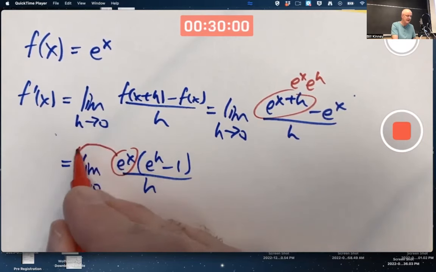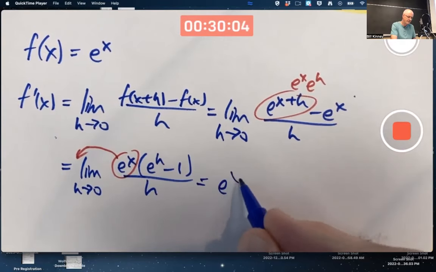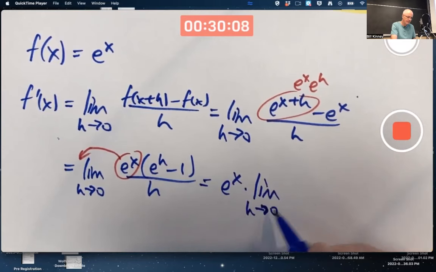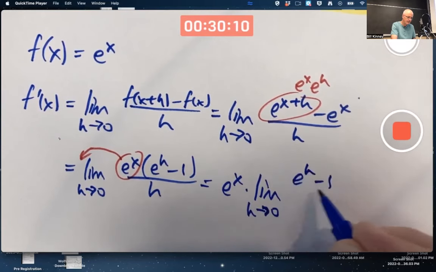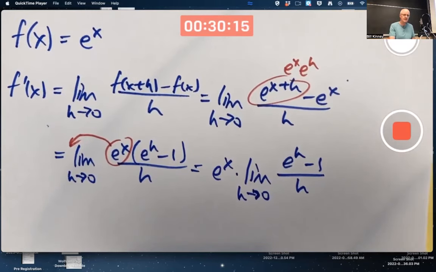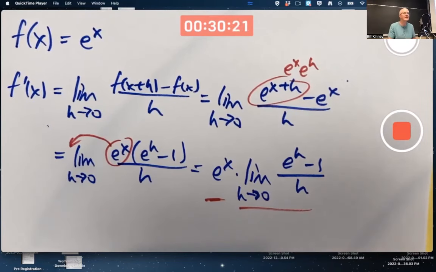By a property of limits, that can be brought out in front of the limit sign. So it looks like the answer for f prime is e to the x times some constant. But what's the constant?